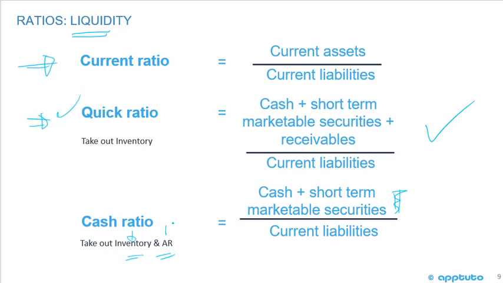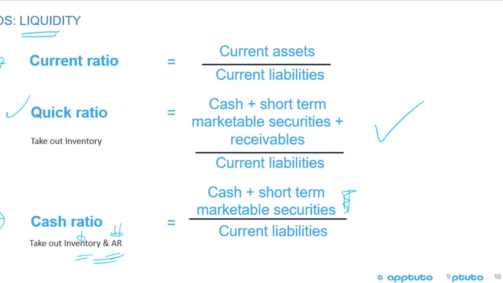Again, accounts receivable, sometimes it's hard to collect all accounts receivable. There could be stuff on the balance sheet that would be difficult to collect. So we look at it again, to be more conservative, and look at the cash ratio. We take out the inventory and the AR, and we've got a better, more strict measure of liquidity, just cash plus the short-term marketable securities. How much do we have to pay our current liabilities?